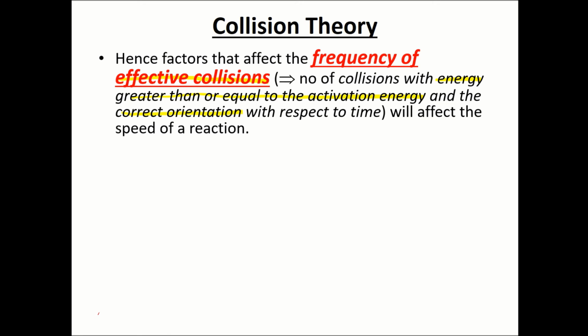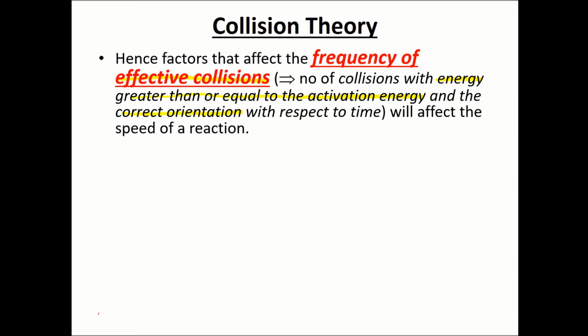So those are the ineffective collision. So for speed of reaction, what we want to focus on is really the effective collision. Okay, so the more effective collision you have, more reaction is going to take place. So the speed of reaction increases.